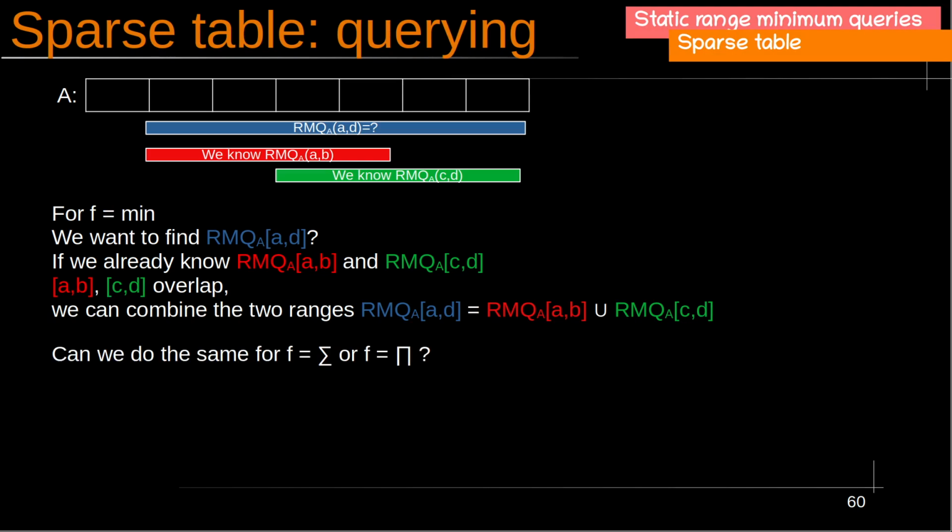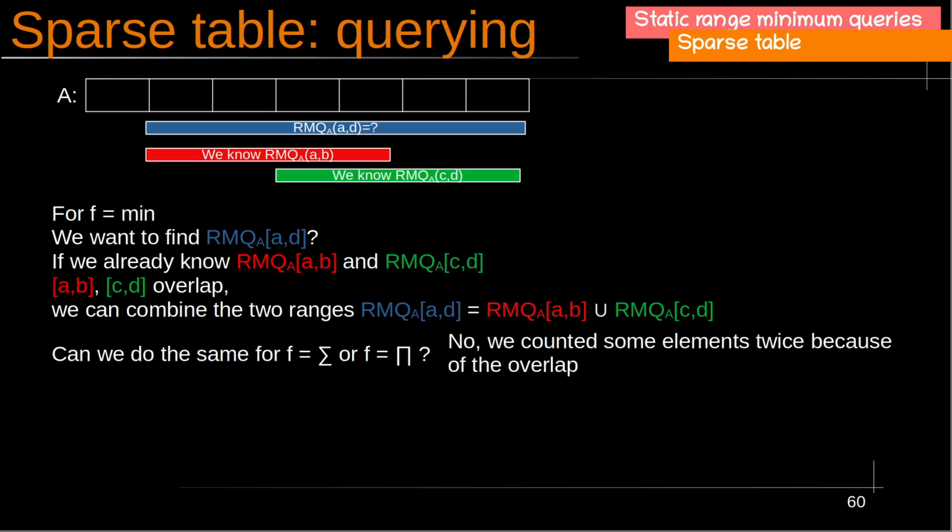Can we do the same for f if f is the sum or the product, for example? The answer here is no, because we're going to count the same elements twice because we overlap.